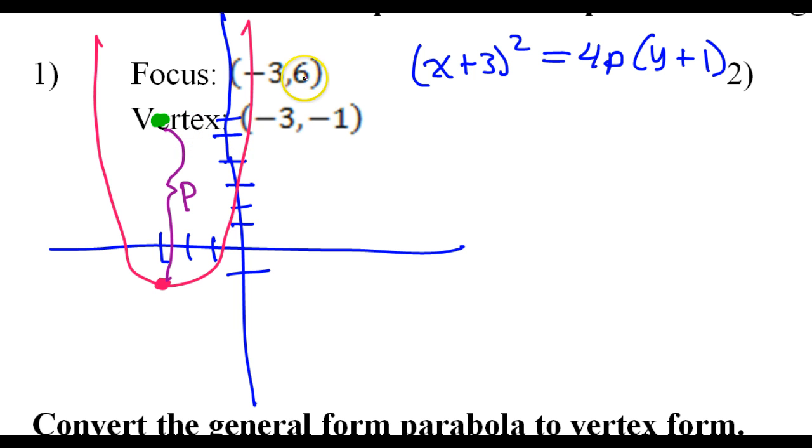So remember, the focus is up here at 6. Let me just put a 6 next to it. And the vertex is at -1. So from 6 to -1, that's a jump of 7. So that tells me that p is equal to 7.